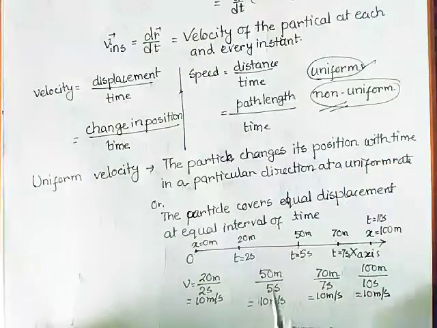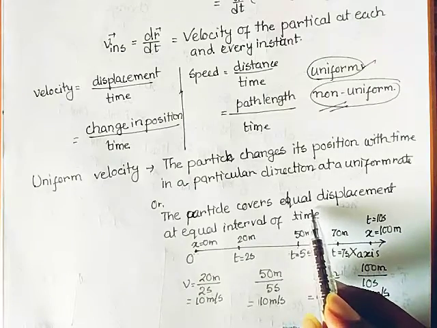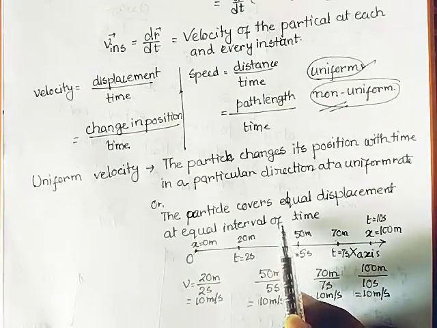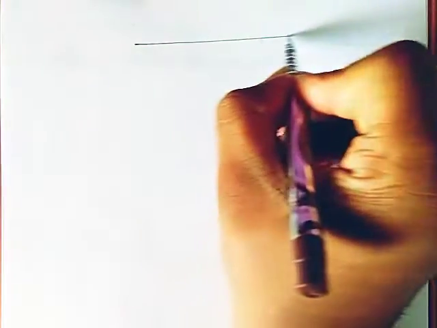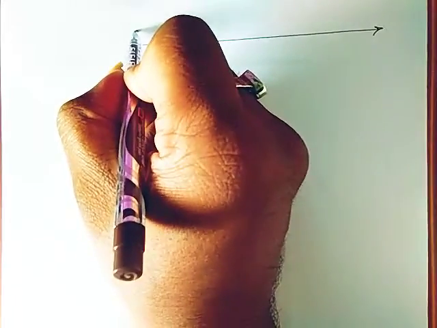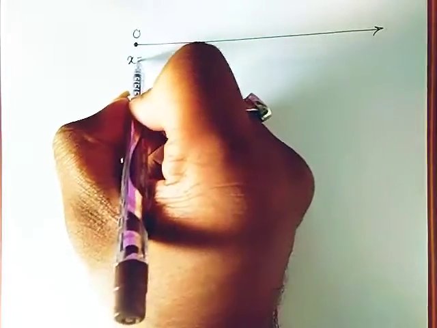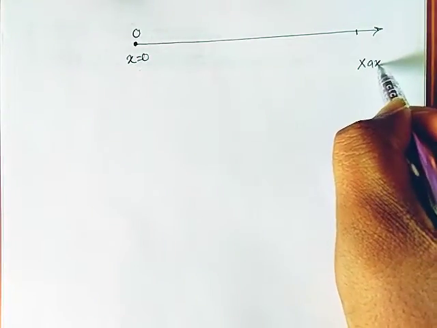But what is non-uniform? If this rule is violated, that is, it does not cover equal displacements in equal intervals of time, or it covers equal distances but changes its direction, then it becomes non-uniform velocity. Let us see another example, reaching from the reference point x equal to 0 to x equal to 100 meter, obviously along the x-axis.